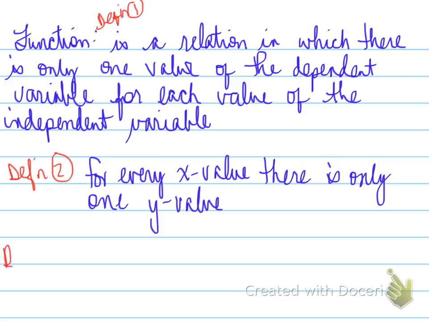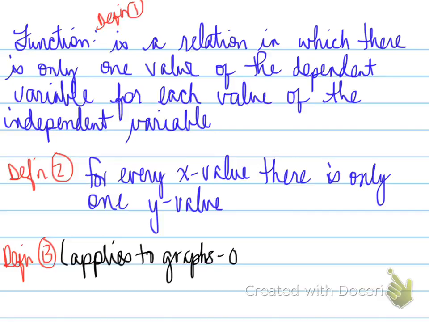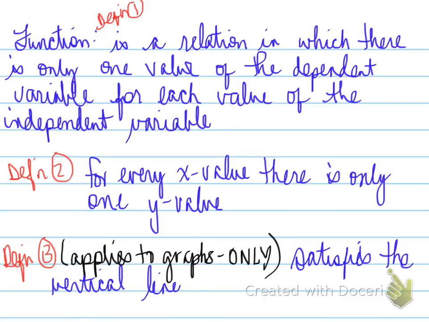And there's a third definition, which we'll discuss, and that third definition applies to graphs, and applies to graphs only. And that is, the definition of a function satisfies the vertical line test. So we're going to be looking at what a vertical line test is in a little bit to understand how that applies to functions and non-functions.